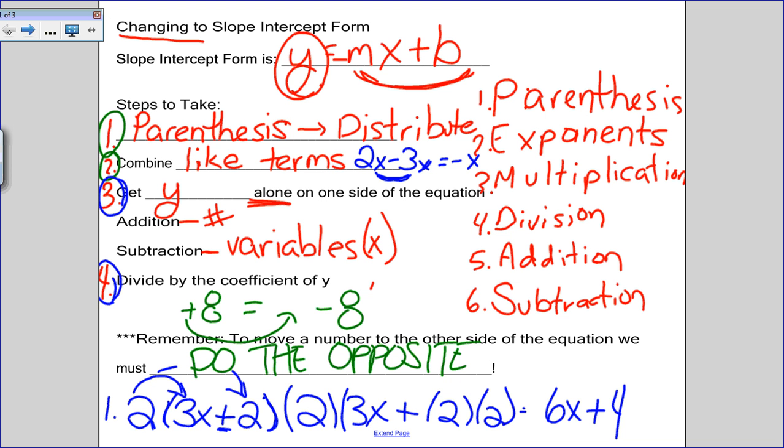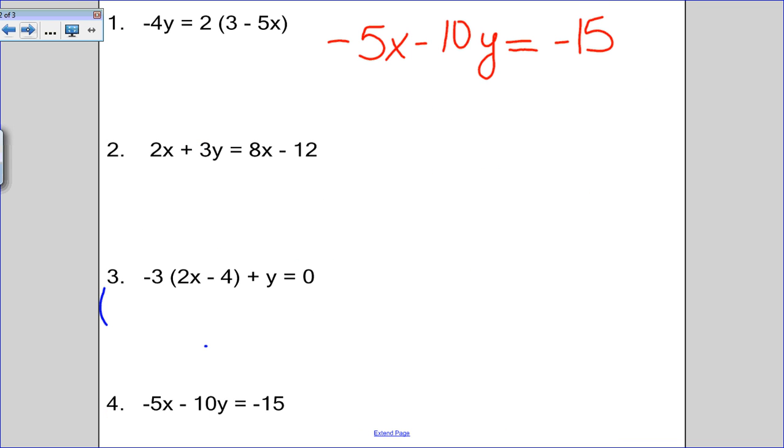What was our second step? Combining like terms. Are our like terms already combined, or do we need to keep doing that? I don't think so. So our third step is to get y alone. How do we get y alone on one side of the equation?